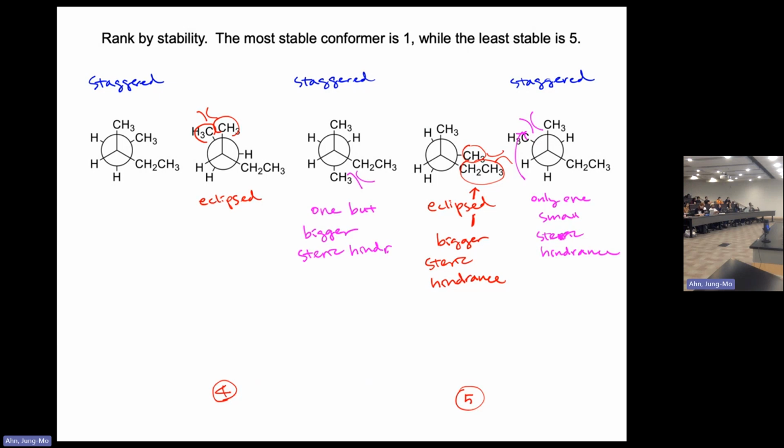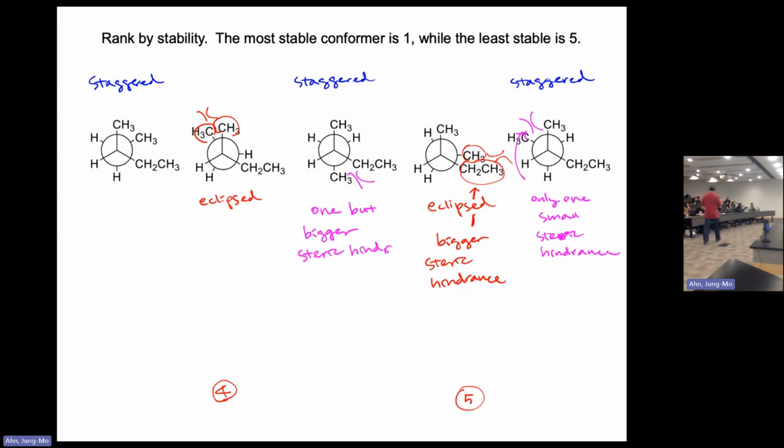If you look at the other one, this is also staggered, but now what's in the gauche relationship with each other? Methyl with an ethyl. Methyl with methyl gauche is better than methyl with ethyl, because the ethyl is bigger.